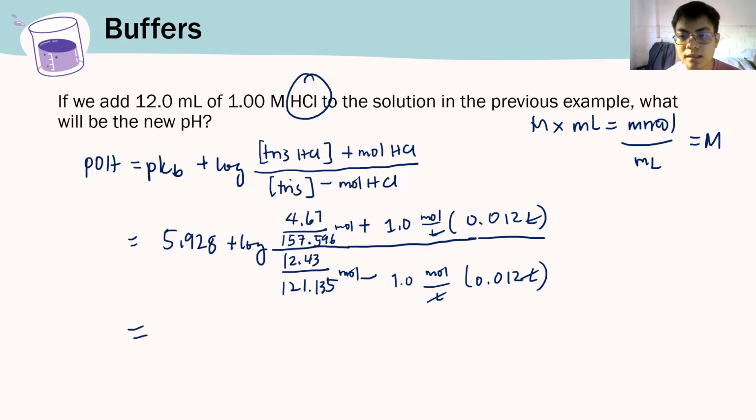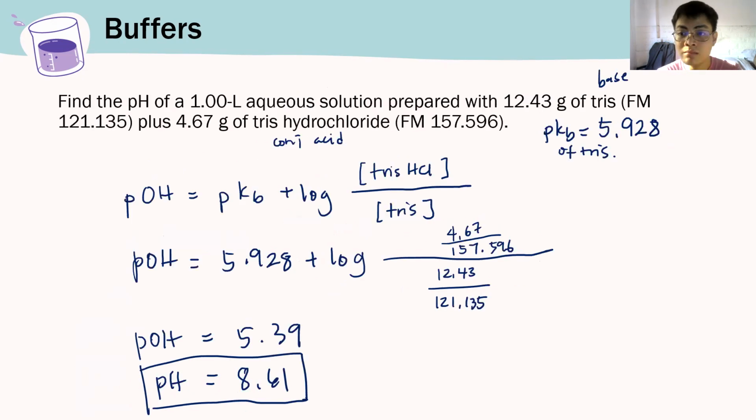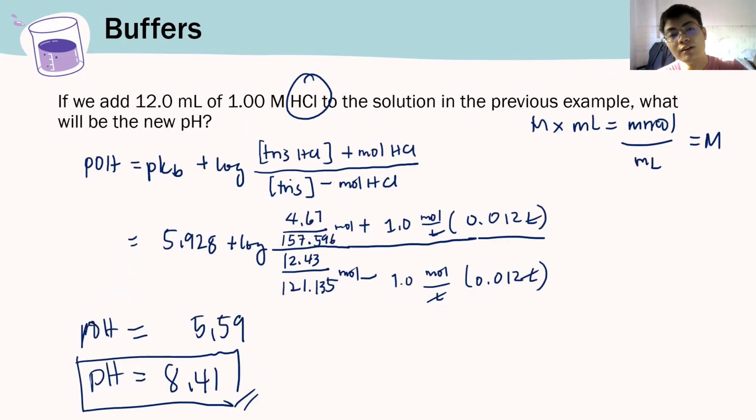So when you plug that into the calculator, I already did it earlier, what comes out is 5.59 pOH, or the pH is 8.41. Now, does this make sense? Yes. Because earlier, without the HCl added, the pH was 8.61. However, upon adding your HCl, it went down further, 8.41. So it does make sense.